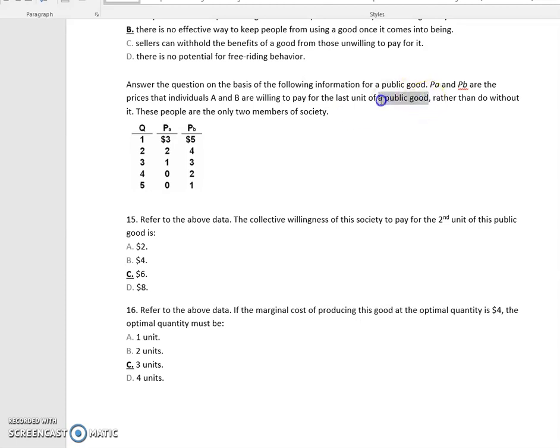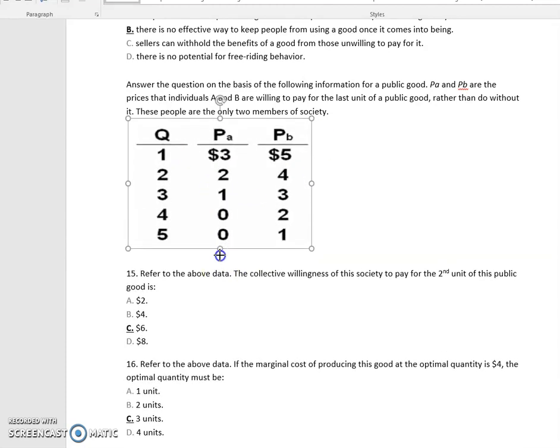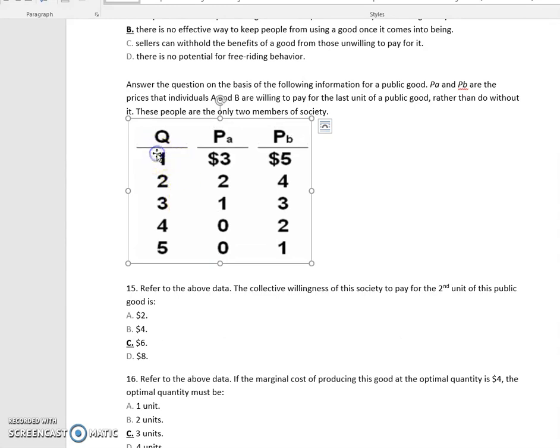There is a public good, and individual A and individual B can consume the same last unit, and this is the price they are willing to pay. Let me make it a little bit bigger. For the first unit of public good, individual A wants to pay $3, individual B wants to pay $5.